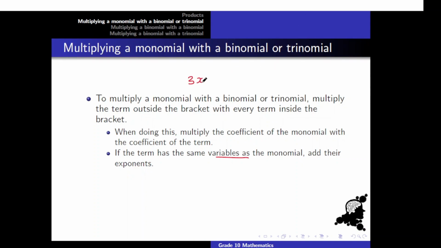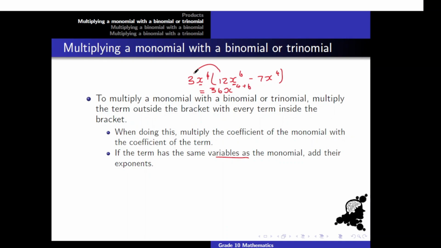If I have 3x to the power 4 into, let's take a binomial, 12x to the power 6 minus, let's say 7x to the power 4. What I simply need to do is say, okay, for the first term here, 3 times 12, this is going to give me 36. Then what do I do with the x's? Because we've got the same variable, x here, x there, I add their exponents.